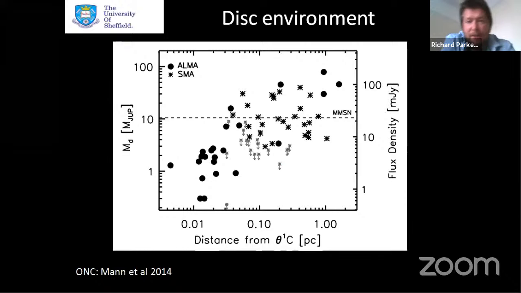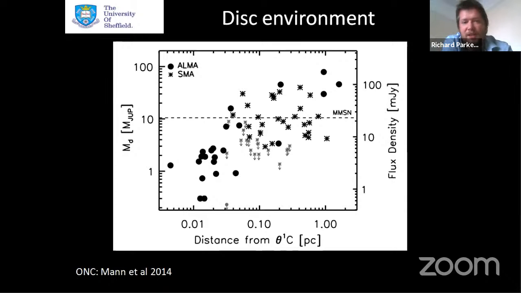One of the things that you often see in observations of these kinds of things is an apparent dependence on the mass or fraction of disks as a function of their distance from the ionizing star. And what we're showing here is the mass of a disk as a function of the distance from the most massive star in the Orion Nebula cluster.